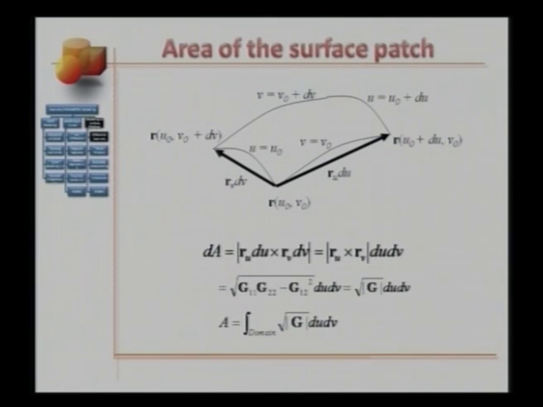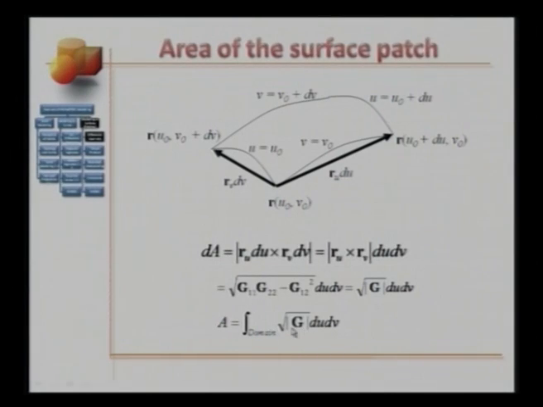You would also realize that it is the positive definiteness, or in this case in particular, the second principal minor of g, which is greater than 0, that allows the computation of the area of the surface patch.